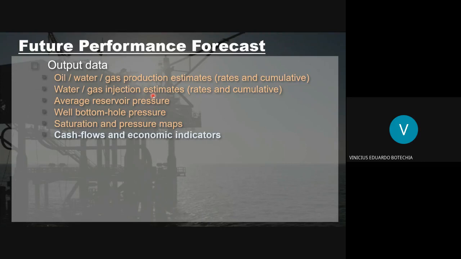The most common are the oil, water, and gas production estimates, rates and cumulative, and water and gas injection estimates, rates and cumulative. You can use average reservoir pressure. You can use well bottom-hole pressure, saturation and pressure maps, and with this you can generate cash flow and use economic indicators together with this to make the forecast.